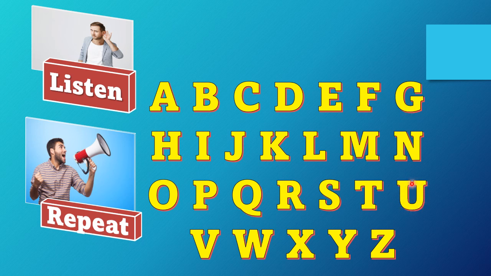What's this? U. Very good. What's this? O. Excellent. Very good. Now it's time to talk about the English alphabet letters, vowel, consonant.